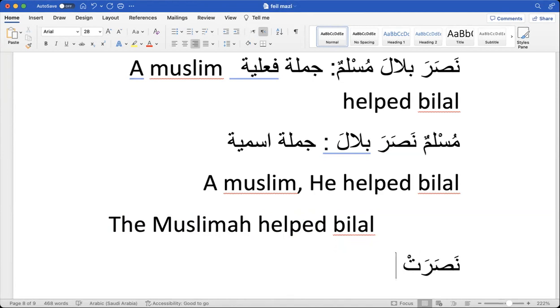Now, the Muslima means what? How in Arabic? Muslimatun? No, I am saying the Muslima, only one Muslim. Muslimata? Muslima with ta. Why ta? Muslimatu. The fail should be marfu, right?